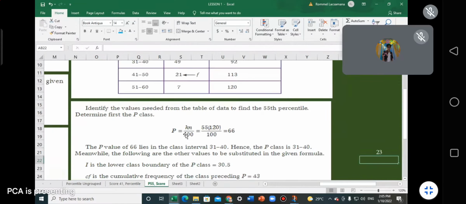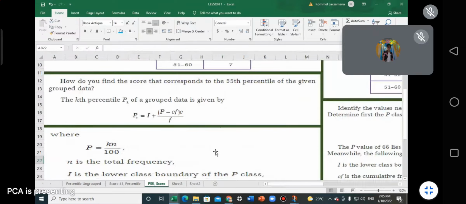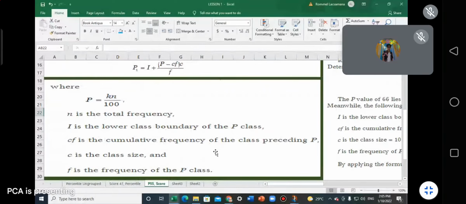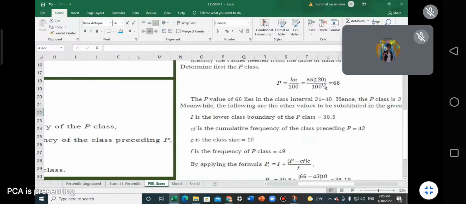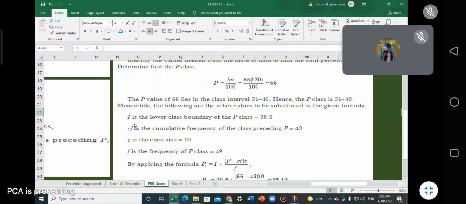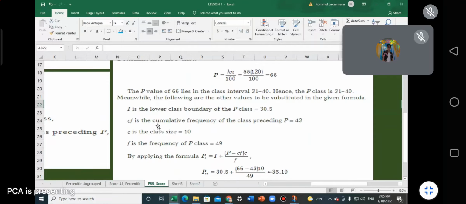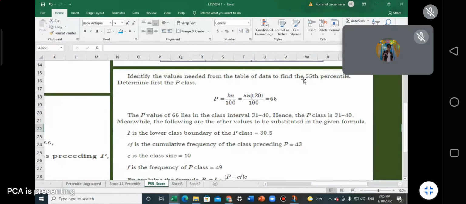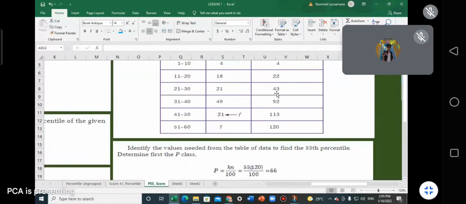You need this formula. Again, it's not mentioned here, but P is the cumulative frequency of that 55th percentile rank. 66 is based from here.